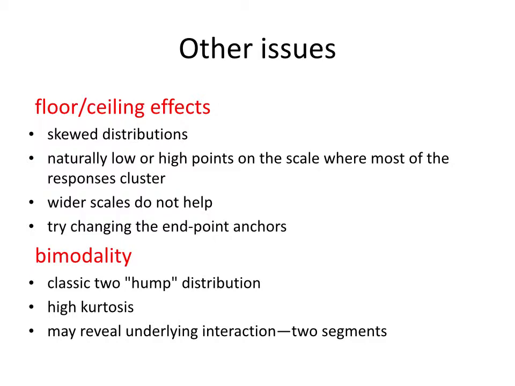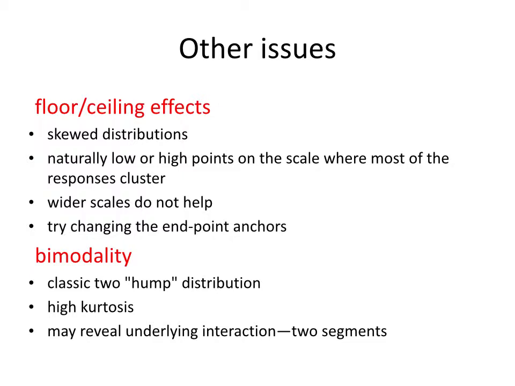the very end points. The second issue that can be identified by looking at the distribution is bimodality. So this classic two-hump distribution where you sort of have what appears to be overlaid normal distributions.